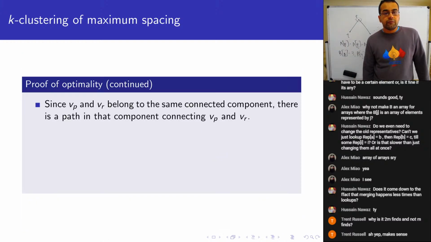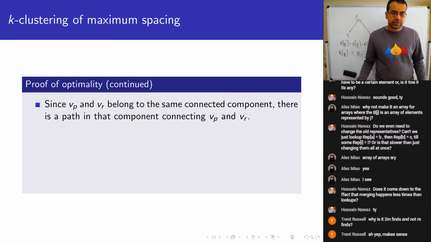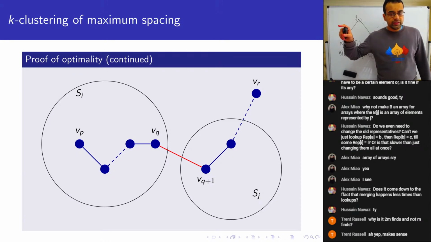VP and VR belong to the same connected component within our Kruskal's algorithm, which means they're in the same subtree of the Kruskal forest, and therefore there's some path from VP to VR. Let's say that path looks like this.